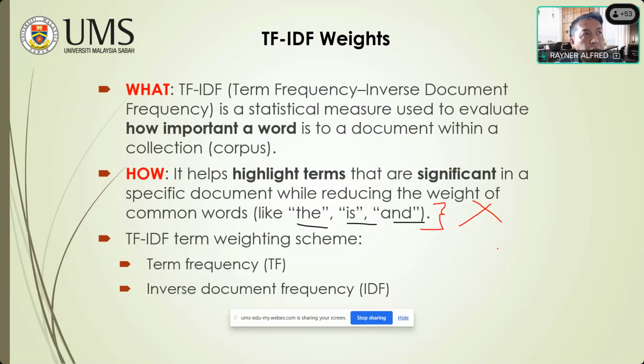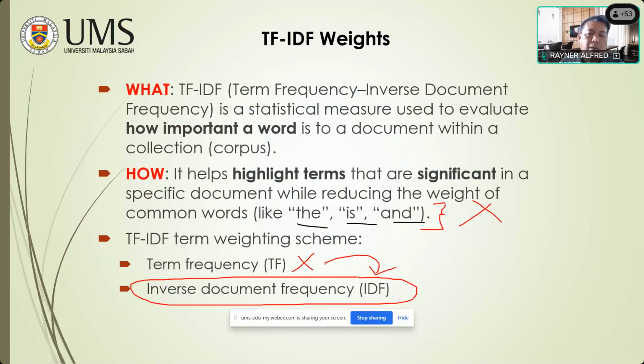Okay, and then we move on to term frequency. So term frequency highlights the importance of a term with respect to the document. So if a term occurs many times, the term is considered important in that document. Okay, but we also have another component which is inverse document frequency. So we will look into this. Why do we need to multiply the term frequency with the inverse document frequency?